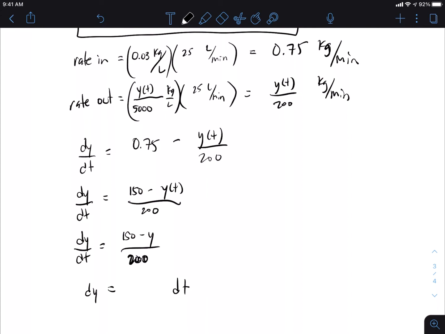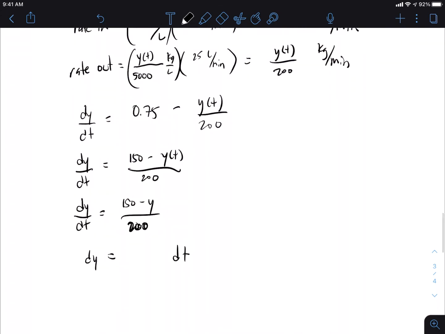What goes with dy? 150 minus y. Okay. Where is that? Top. Right. It's in the numerator of the fraction, but it should end up in the denominator with the dy. And this ends up 1 over 200, correct? Correct.